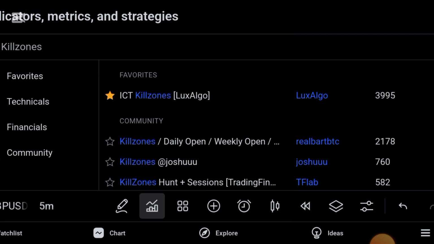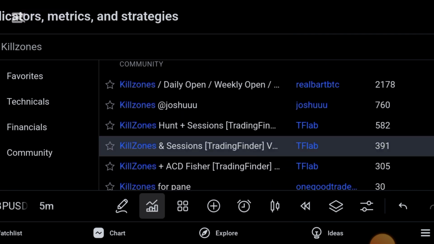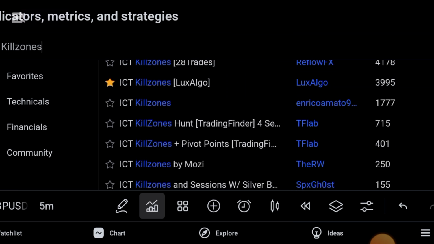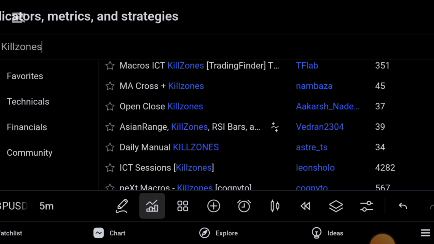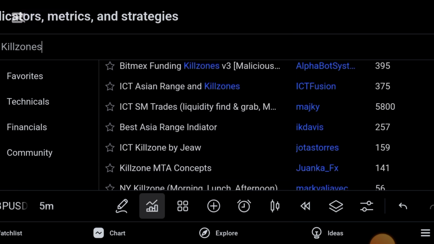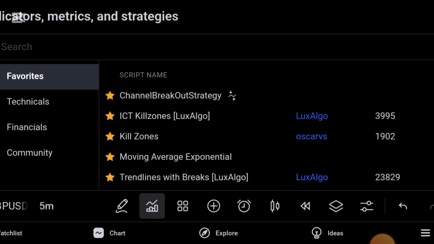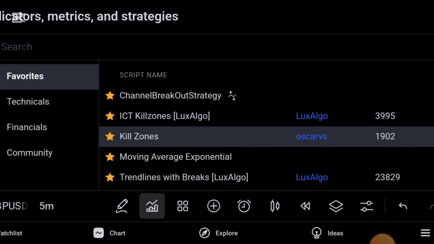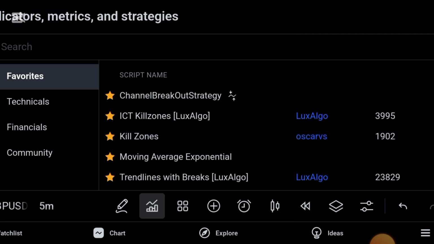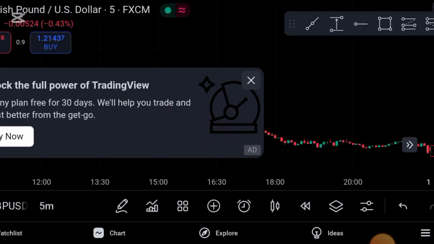As you can see here, you're gonna look for kill zones by Oscar VS. So this kill zone right here is the one that you're going to look for. Oscar VS kill zone. That's what you're going to be using.